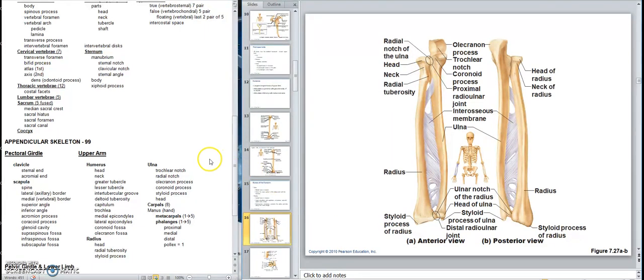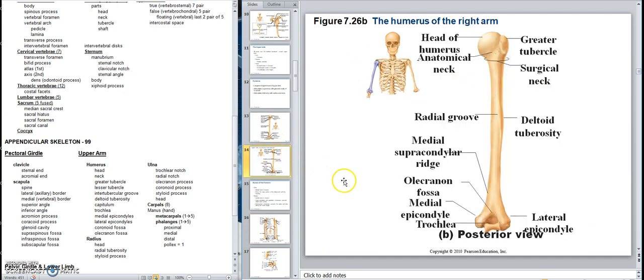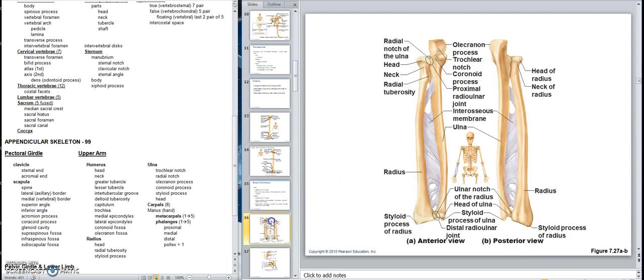Let's go to the ulna here. Okay, the ulna has the olecranon process. See that olecranon process? That's actually your elbow. Let me do some bony landmarks. That's actually your elbow. And what happens is, if you flex your arm, you feel that bone. But if you extend your arm, you don't. That's because this olecranon process tucks itself away in the olecranon fossa. It almost looks like a key ring.